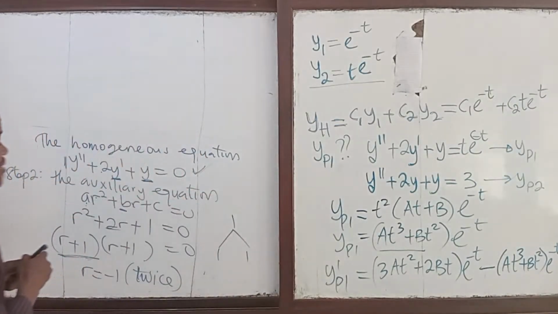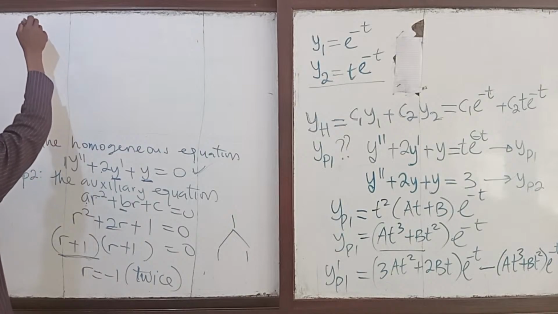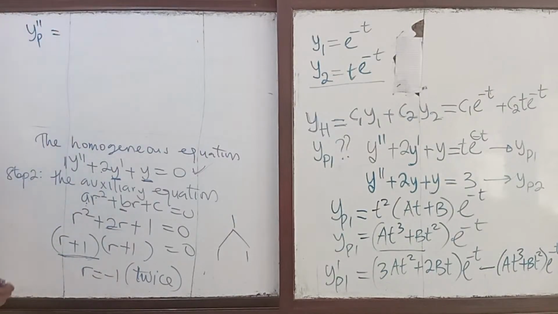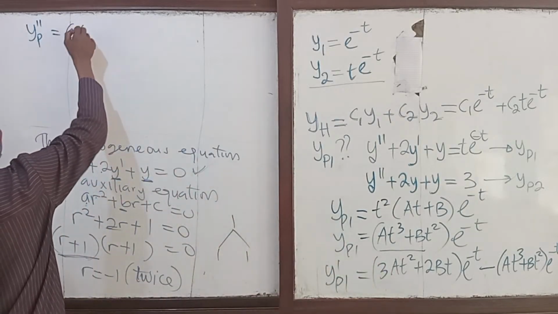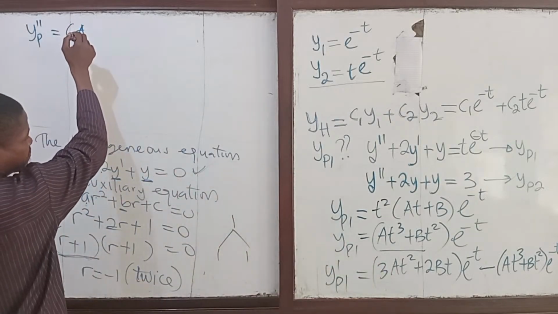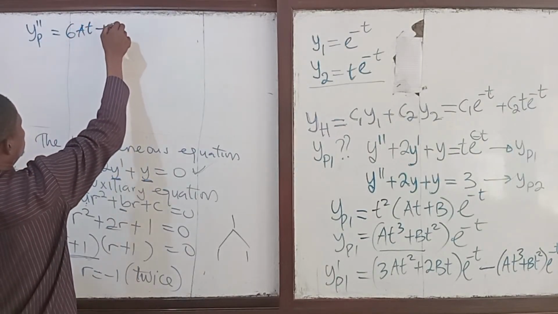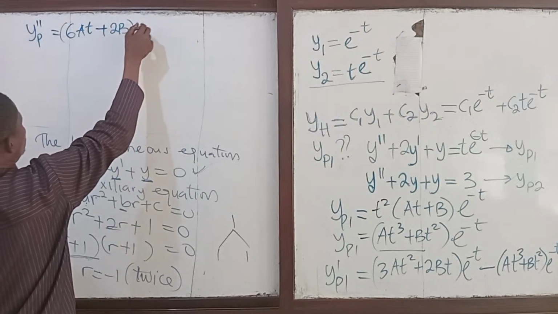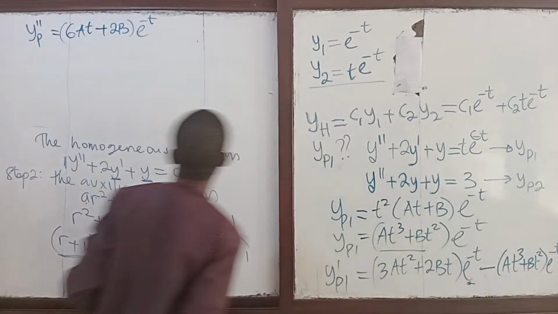Then the second differential, y prime prime. Differentiate this one. That'll be 6at plus 2b, keeping the e function constant.